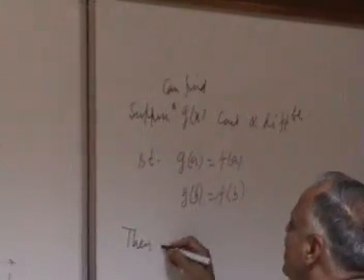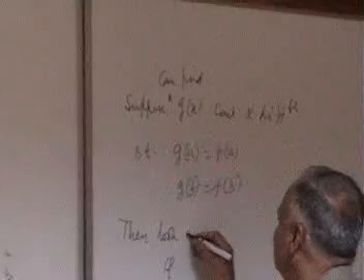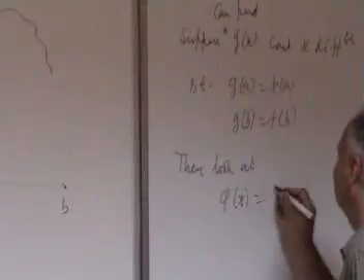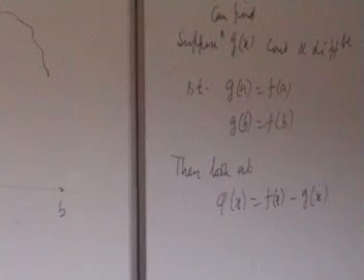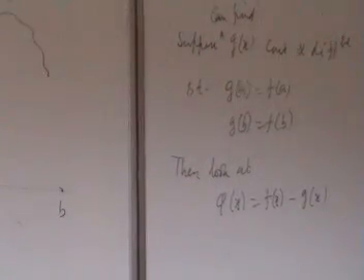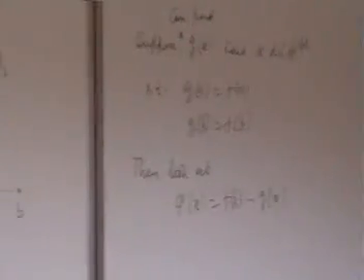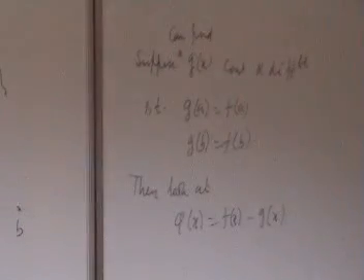Then look at phi of x equals f of x minus g of x. What happened? Phi of a is 0, phi of b is 0. I brought that new insect phi to obey my law. Okay, then phi satisfies Rolle's theorem.